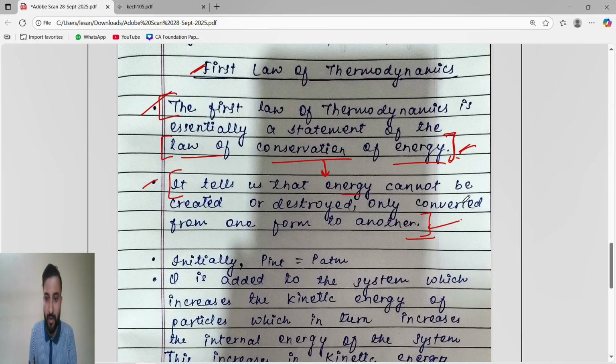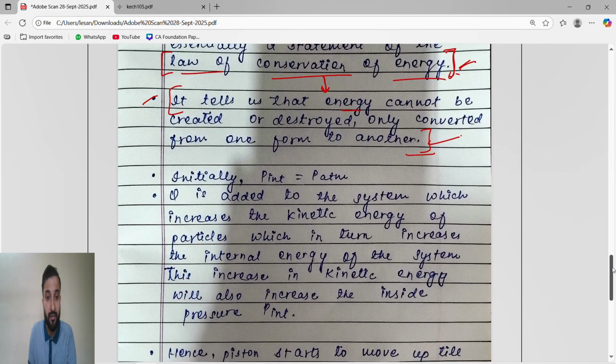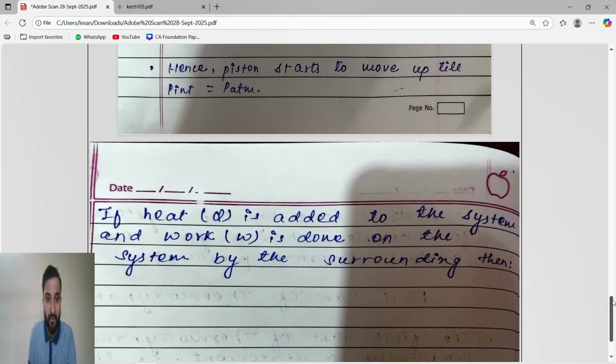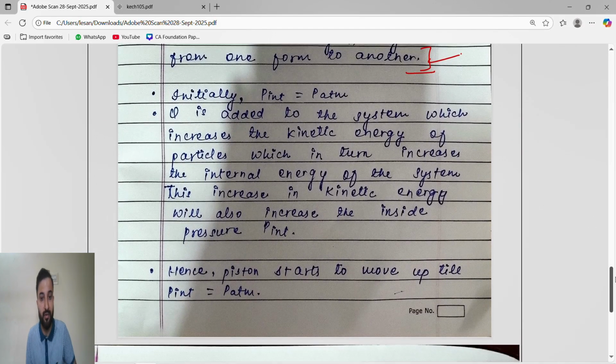So write this point. And now understand this concept, guys. This concept is very easy and very important. If you understand this concept, from here we are going to write down the formula of delta U, the change in internal energy.